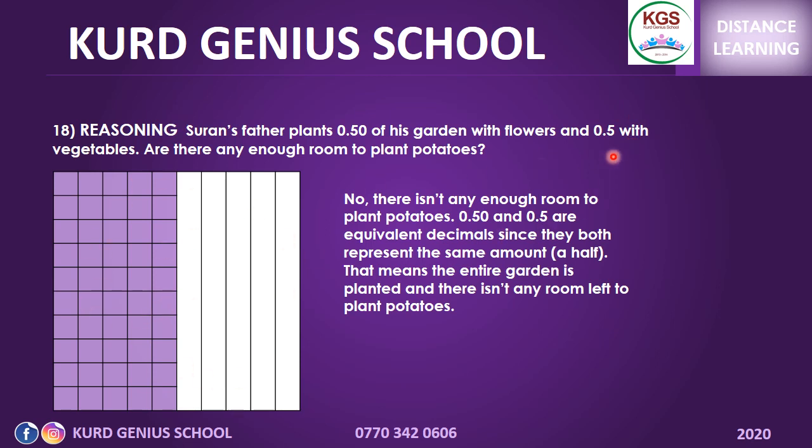The amount doesn't change. So if this is 50 here and this is 5, the difference is one 0 at the end, so it doesn't change the amount. Therefore, the answer is no, there isn't enough room to plant potatoes. 50 hundredths and 5 tenths are equivalent decimals since they both represent the same amount, a half. That means the entire garden is planted and there isn't any room left to plant potatoes.